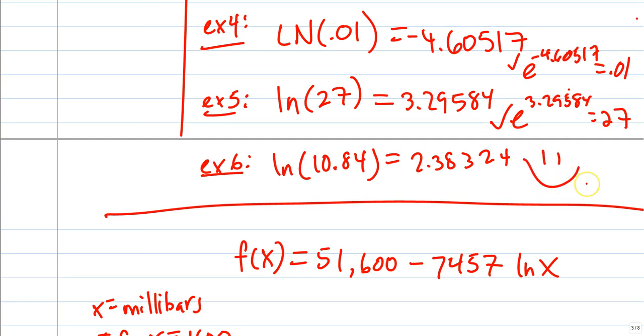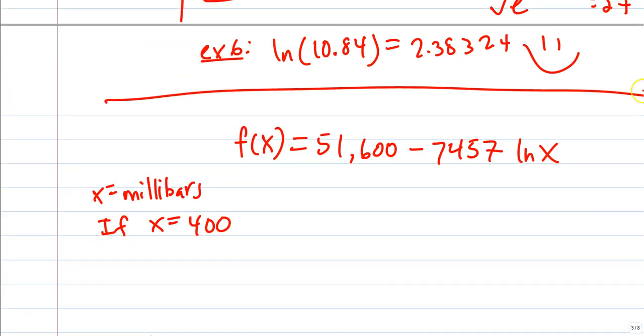Sweet. All right, and then the last thing you're going to have is word questions. Don't freak out about this. Basically they're going to give you this whole lengthy word question where there are logarithms that occur in nature, and they're going to want you to solve. This question had to do with x being millibars, and you have a function that shows up in nature where f of x was 51,600 minus 7,457 times the natural log of x.